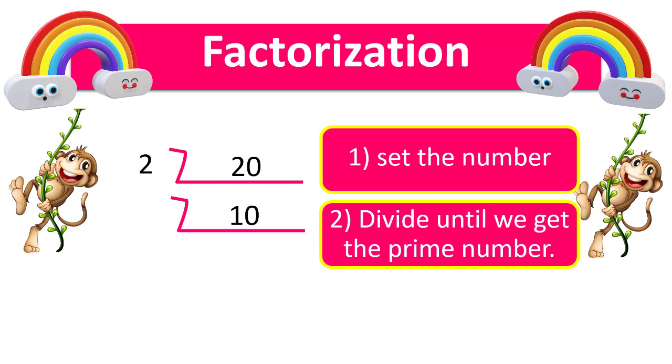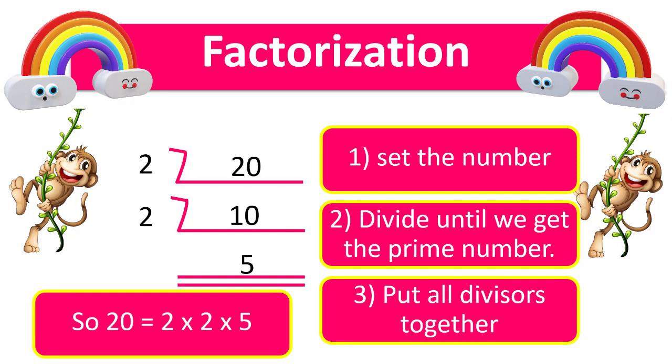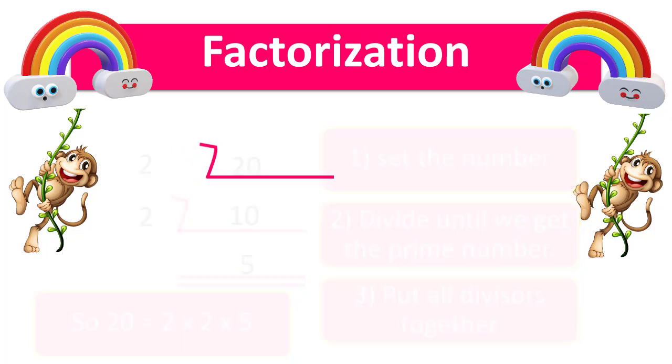Next, divide until we get the prime number. So, what number can divide 10? It's 2 again. So, 10 divided by 2 is 5. Alright. So, put all divisors together. So, the factorization of 20 is 2 times 2 times 5. Good job.